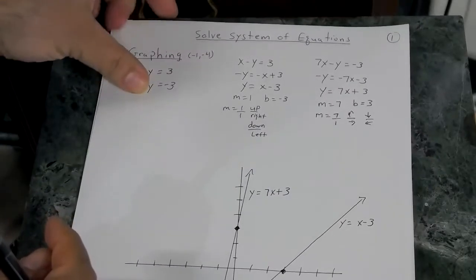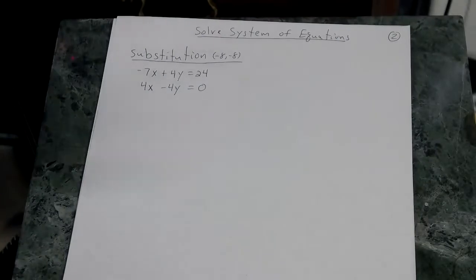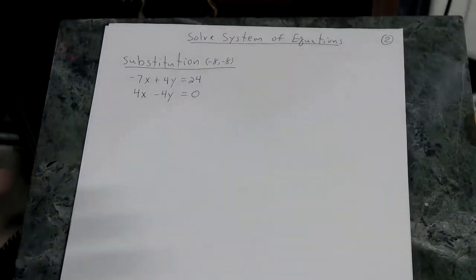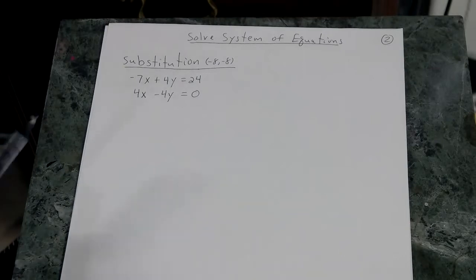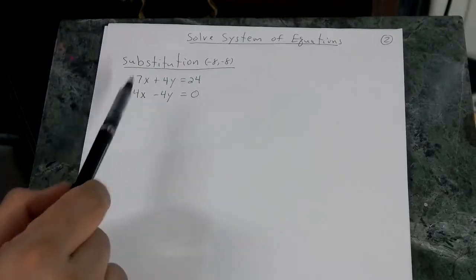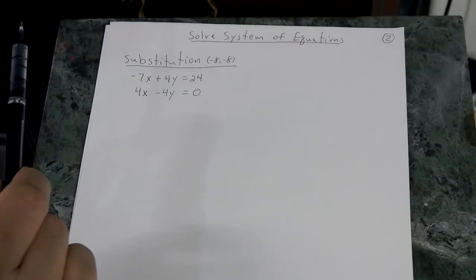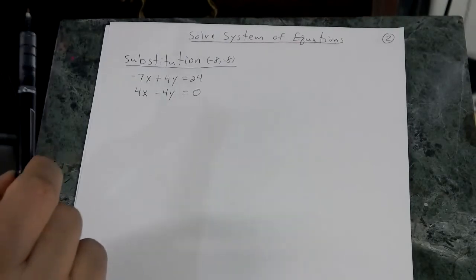The next one I'm going to show you is substitution. I could have done substitution on that other problem, but we wanted graphing. So in substitution, imagine I have these two equations: negative 7x plus 4y equals 24, and 4x minus 4y equals 0, and I need to use the idea of substitution.